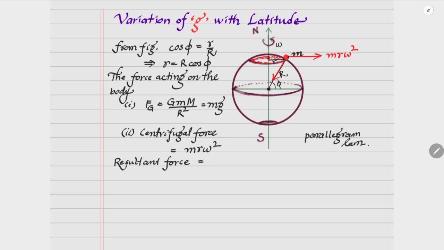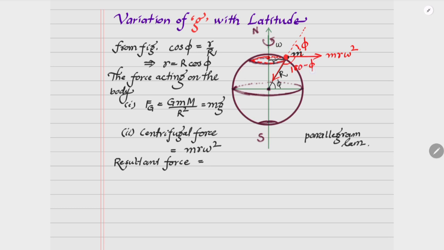then the resultant force also. For that we need to know the angle between them. If you extend that line, then the angle between the centripetal force and that line is phi, and the remaining angle is 180 minus phi.